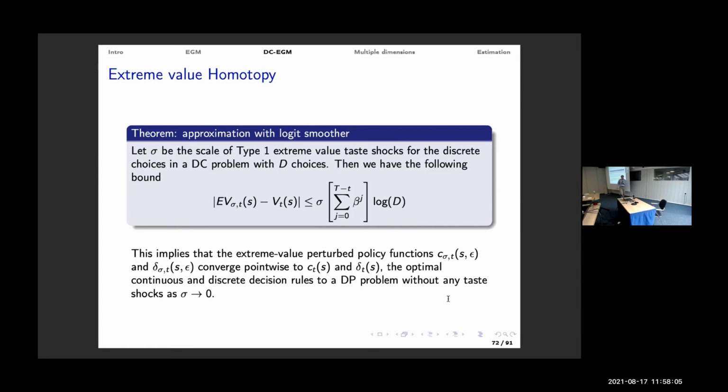So by changing sigma, you can limit the error that you introduce by the extreme value choices attached to the discrete alternatives. If you want to interpret them as a logit smoother, as a technical thing, right? If they're not structural, you don't want to interpret them as something that you don't observe, then you can say, okay, I'm adding this to be able to solve the problem, and here's the maximum error that I'm making on my solution.